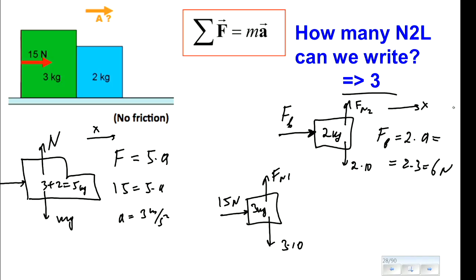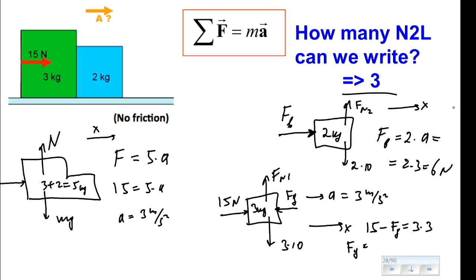So there is a force acting from the blue box on the green box. Acceleration of the green box is still to the right. So relative to the x-axis, 15 minus force of green should be equal to 3 times 3, which is 9. 15 minus 9 is 6.